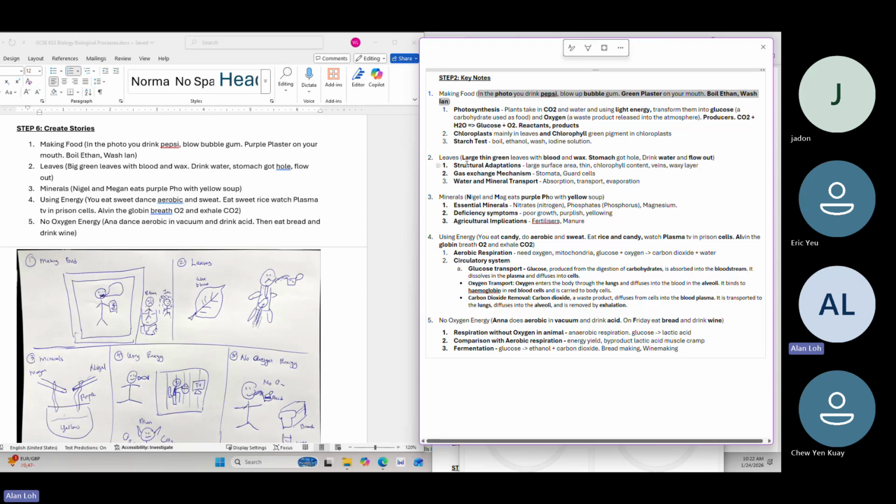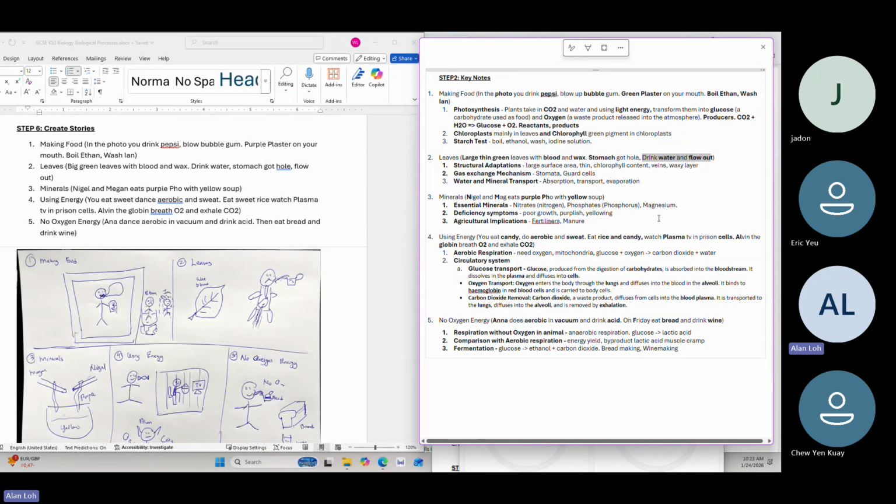Drawer 2, let's see the story. Okay, I have a large and thin green leaf with blood on it and wax. And then another story: your stomach has a hole, and you drink water and it flows out.